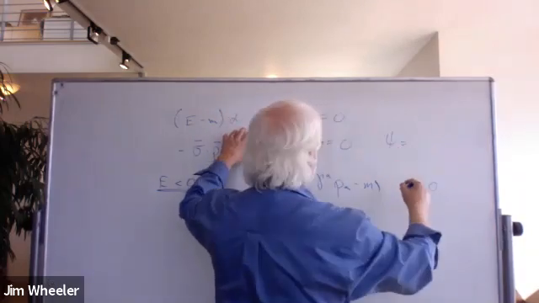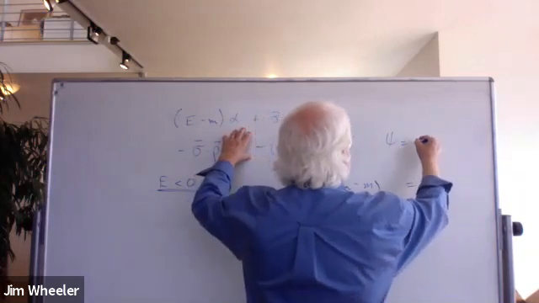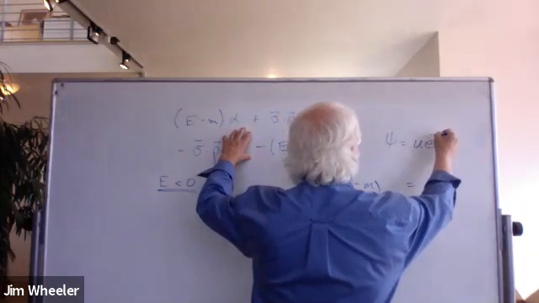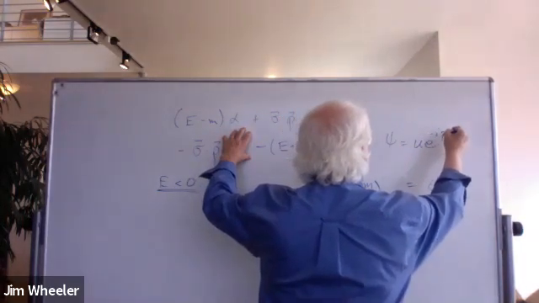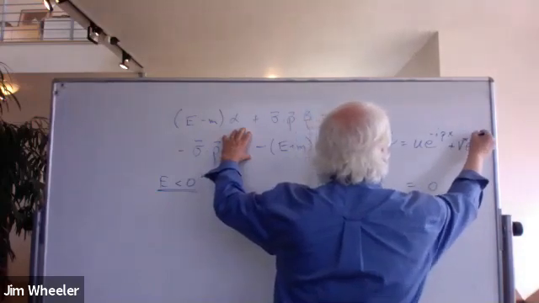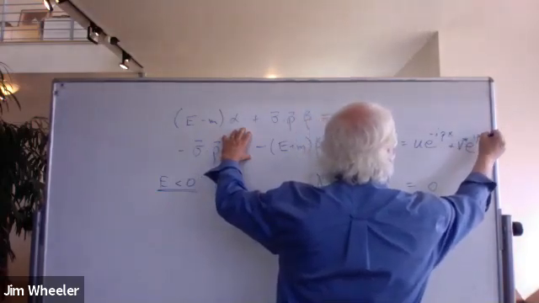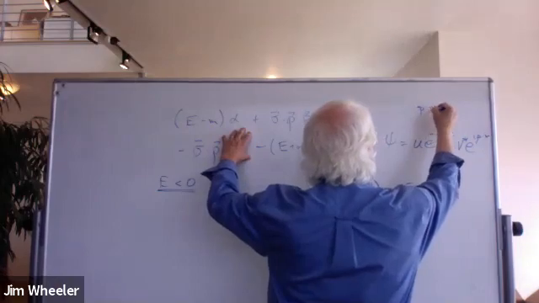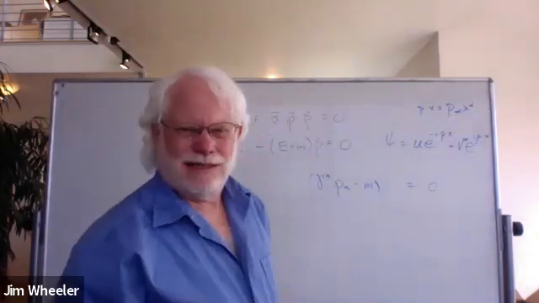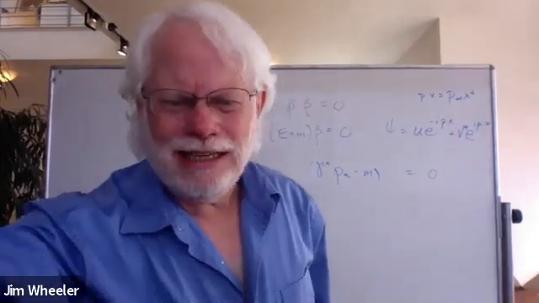These might have been for u. So we're letting psi be u e to the minus i p dot x plus v star e to the i p dot x, where p dot x is p_alpha x^alpha. Okay, am I writing large enough for you guys to see?